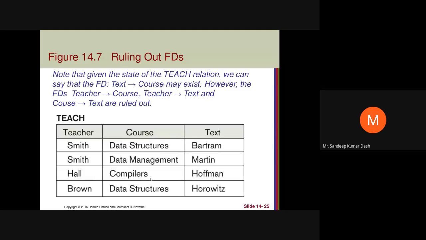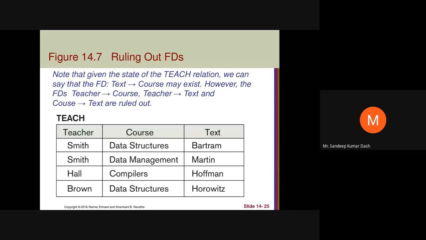I am trying to figure out whether there is any functional dependency between the teacher column and the course column. If it exists, I will write teacher arrow course as a valid functional dependency.